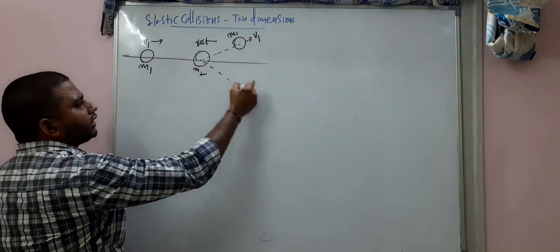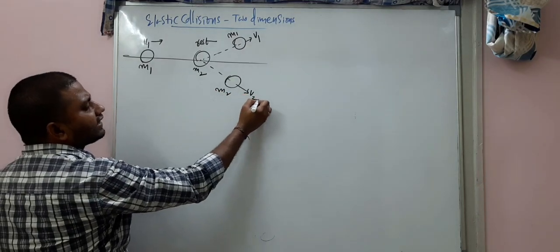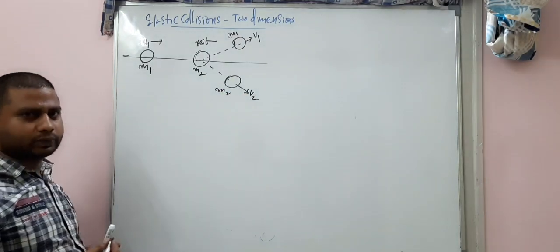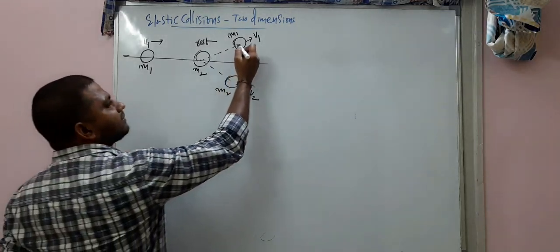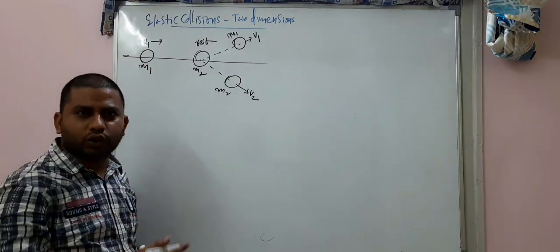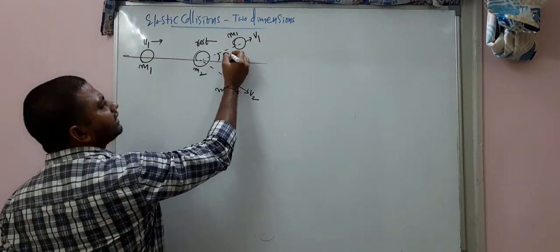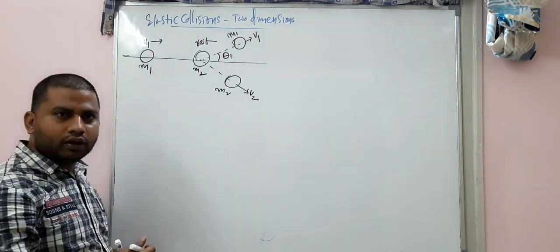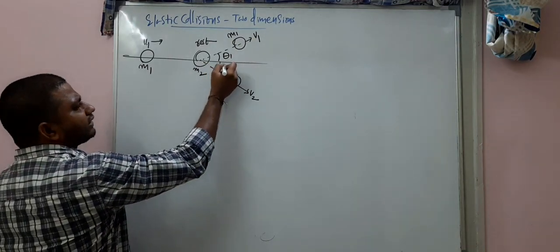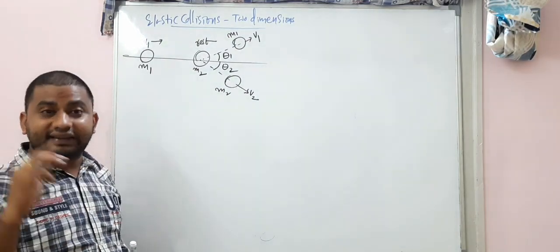And this is the body of mass m2 moving with a velocity v2. Carefully observe. This m1 v1 is the linear momentum vector after the collision. This linear momentum vector is making an angle theta 1, and this one is making an angle theta 2 with the x-axis.